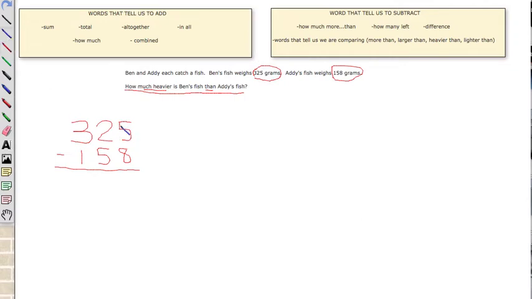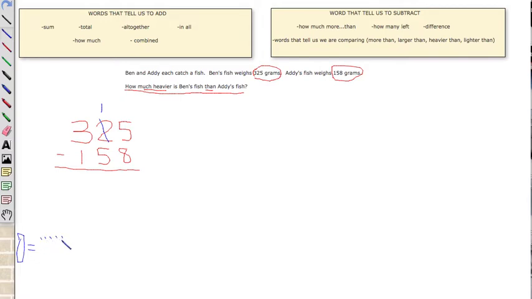So we've learned that we can borrow from our neighbor right next door, if they have tens to borrow. And here we do. So I can take one of these tens away and I can regroup it back into 10 ones. We know that one 10 is equal to 10 ones.